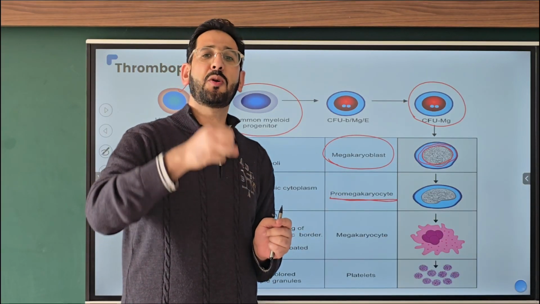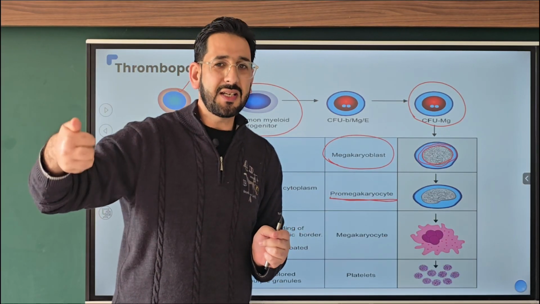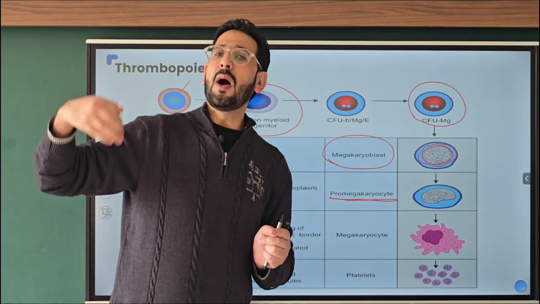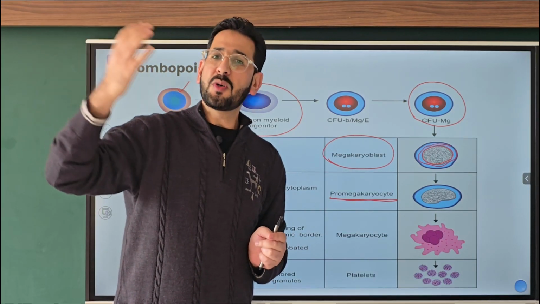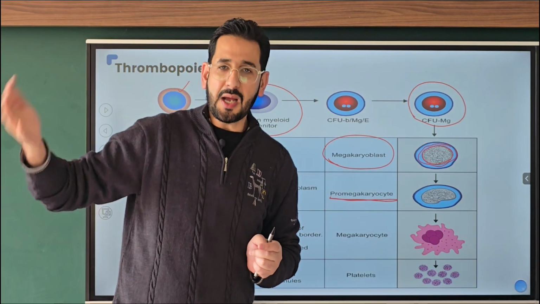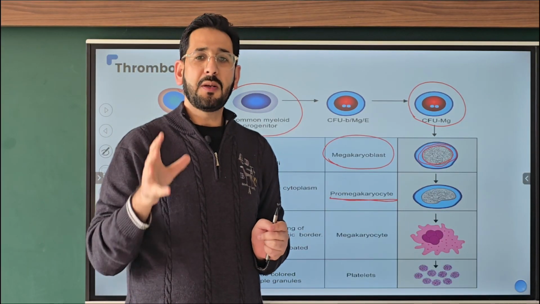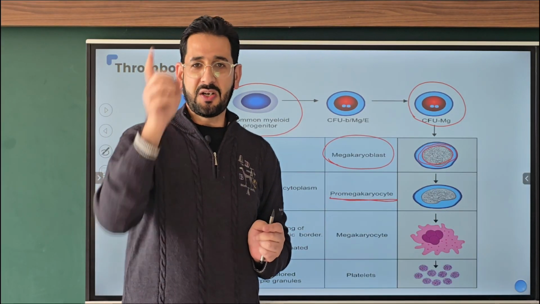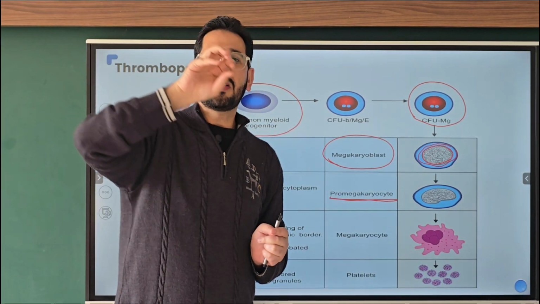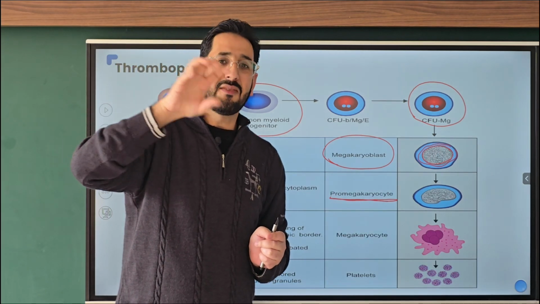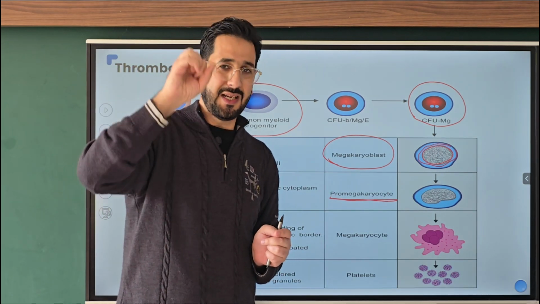DNA will go from 2n to 4n to 8n to 16n to 32n to about 64n. So DNA will be replicated many times, but there will not be cytokinesis. It will remain one cell, but there will be replication of DNA inside the cell.